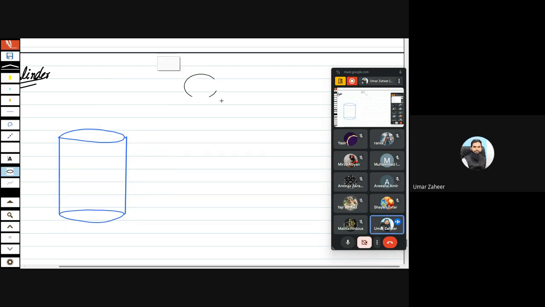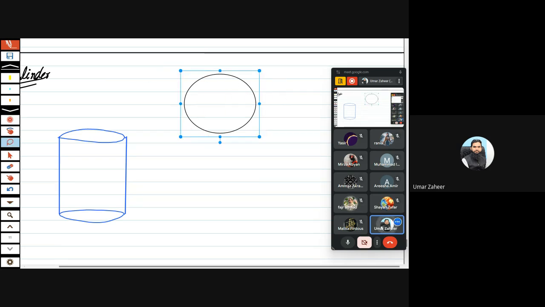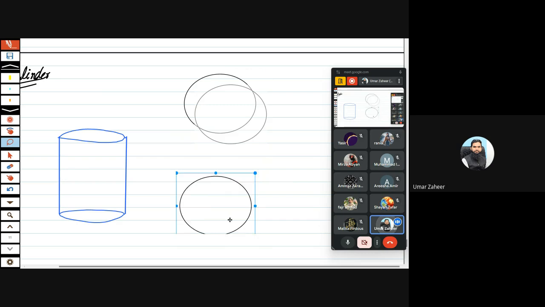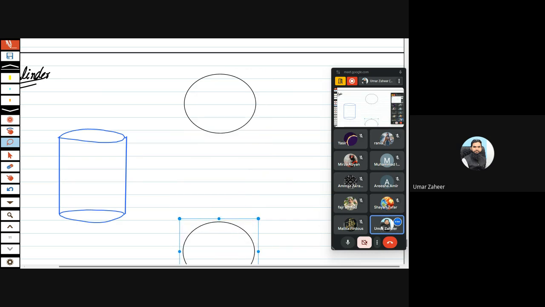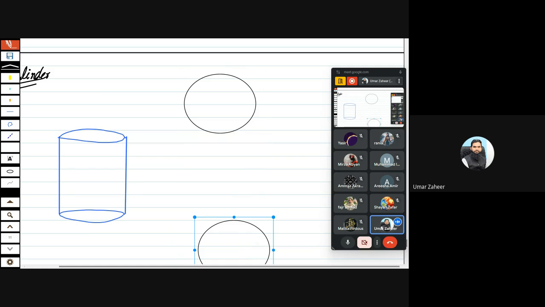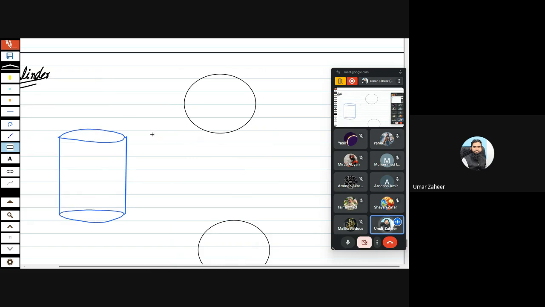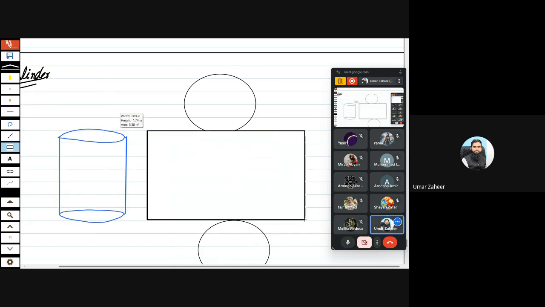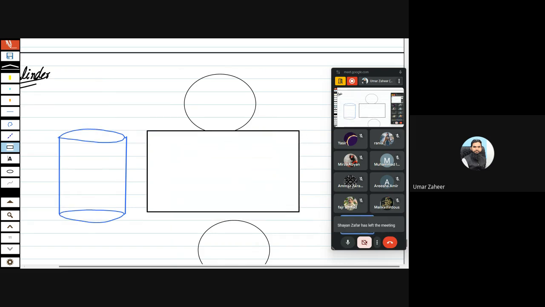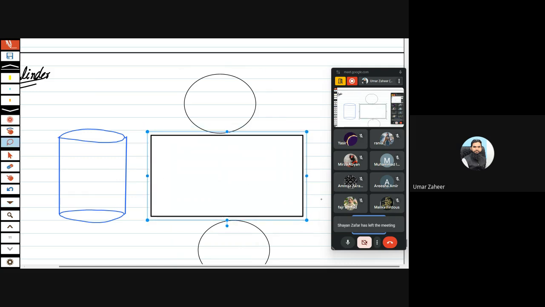Yes, we are going to get a circle on the top, meaning our top circle, and we get the same circle at the bottom. And in the middle one, we are going to get a rectangle.